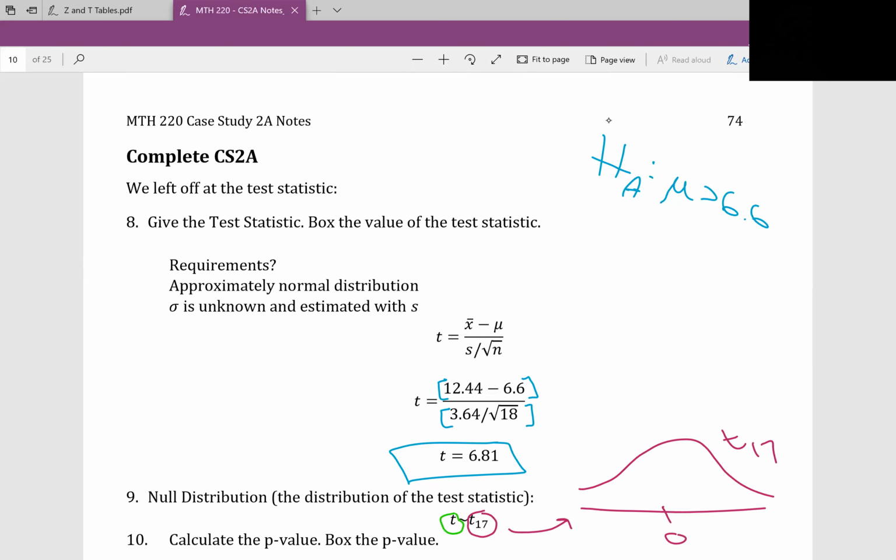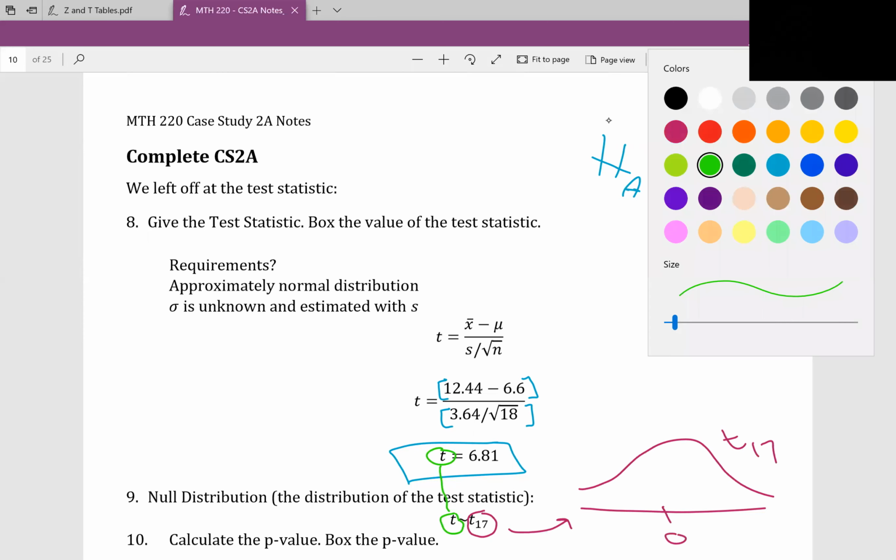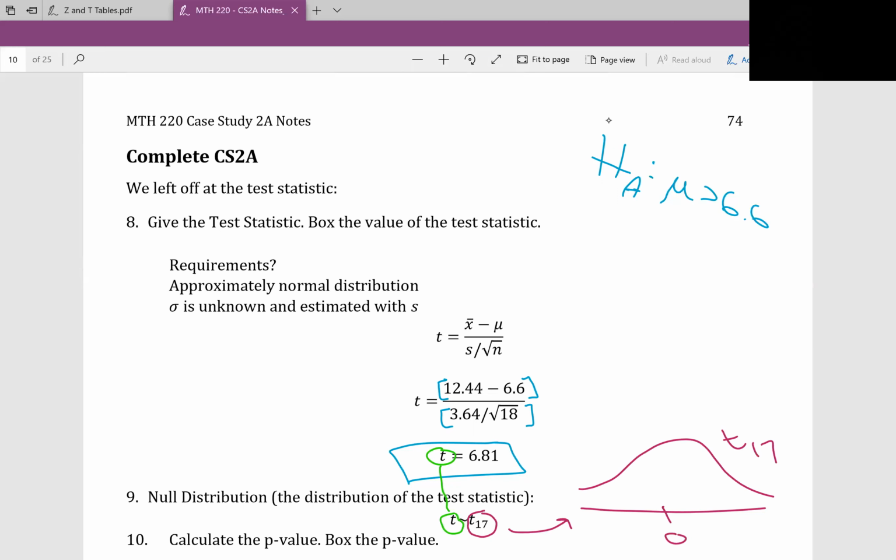This first T refers to the actual test statistic: how is our test statistic distributed? How you say it is that T follows a student's T distribution with 17 degrees of freedom. Go back to the notes prior to this, where I talked about how you say it versus how you write it. So here is how you would write it.